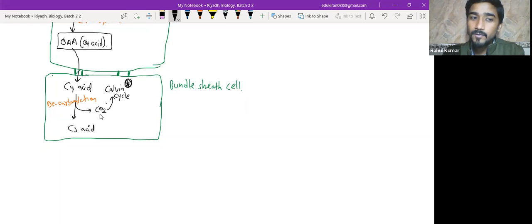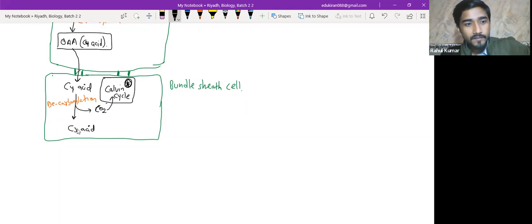So we can get that CO2 back and pump all that CO2 into the Calvin cycle. So one thing that's happening here is the Calvin cycle is independently happening, correct? What will happen to this C3 acid?